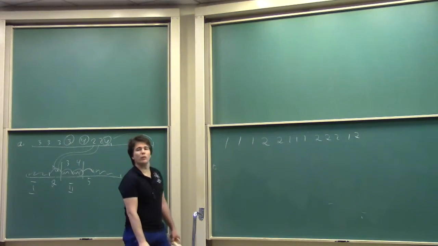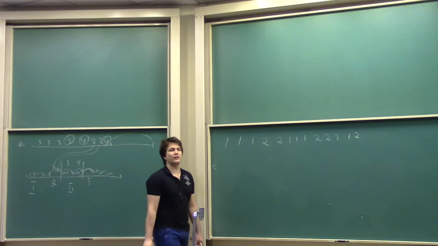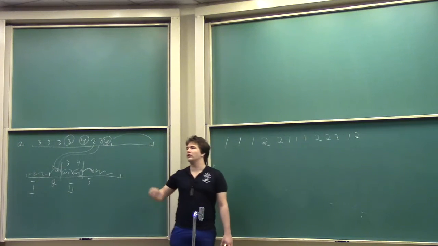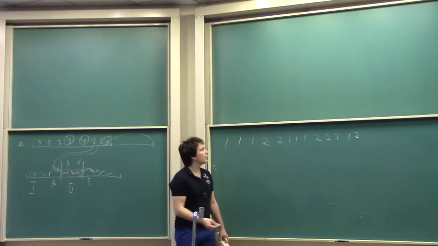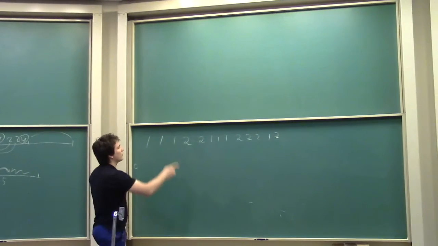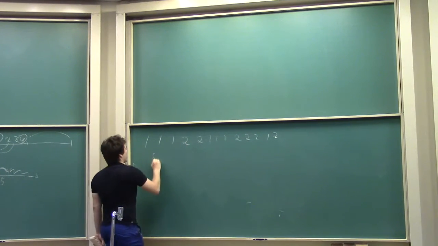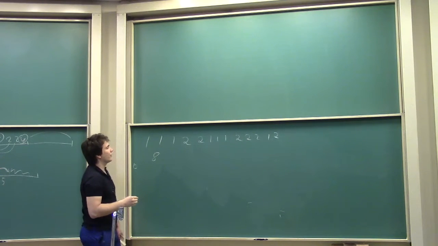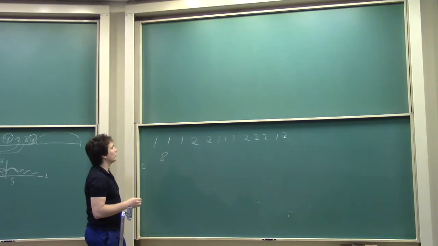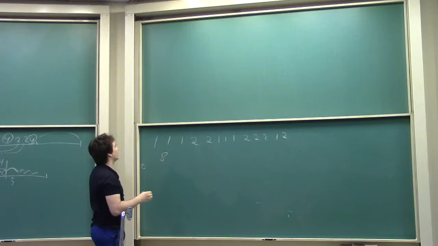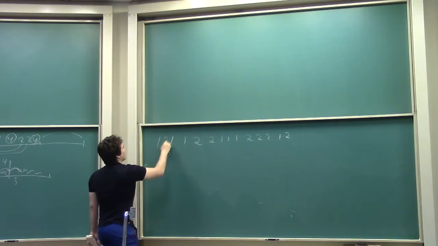First, take all 1's, and then take all the 2's that go after the last one. They give you 7 1's and 1 2, so 8. Then take all 2's, and I should add 1 to here.